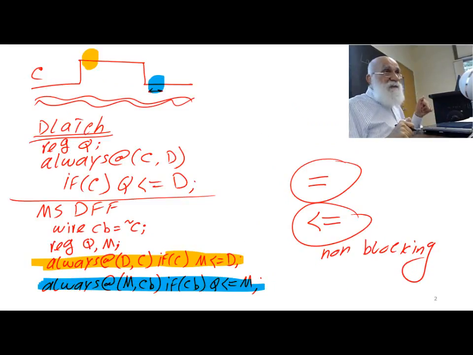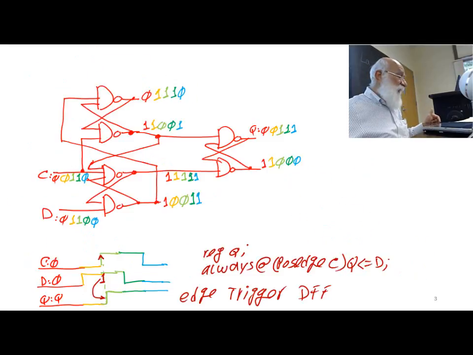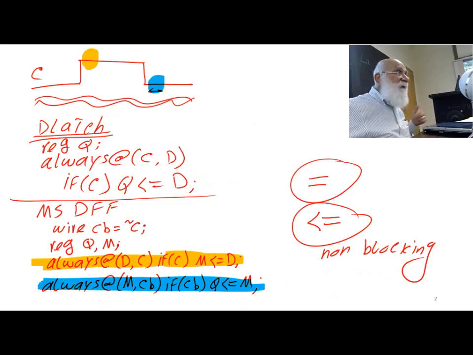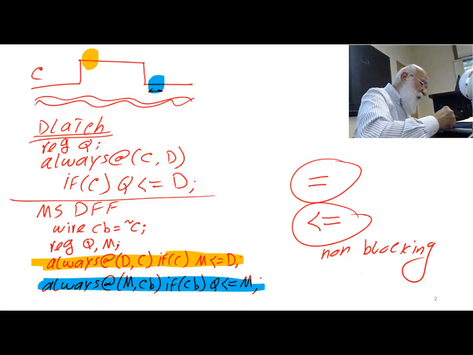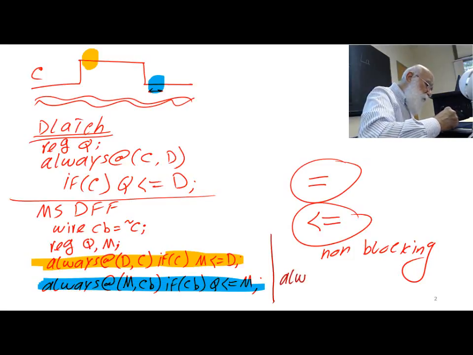Even though this is not the same structure as this one, we can interpret it as an edge trigger flip-flop, and therefore we can also write the description of it as always at, here is neg edge.